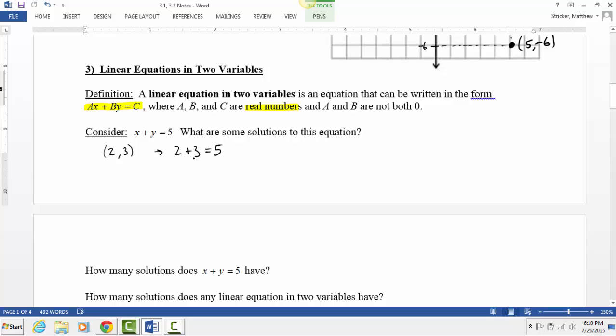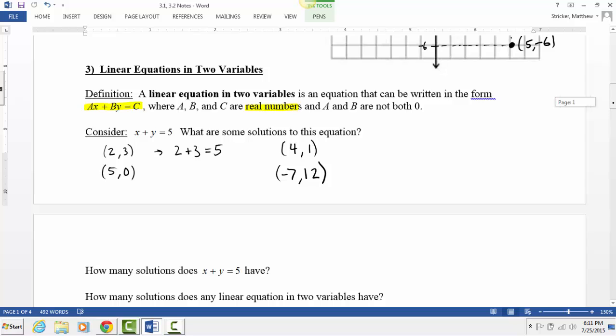And if x is 2 and y is 3, 2 plus 3 equals 5. How about 5, 0? How about 4, 1? How about negative 7, 12? All these xy pairs, if you add them together, you get 5.